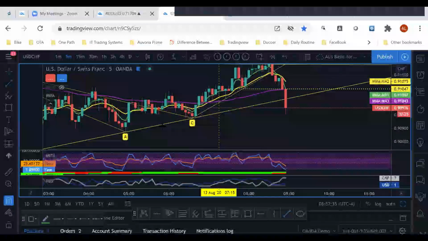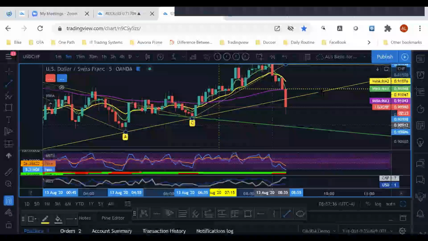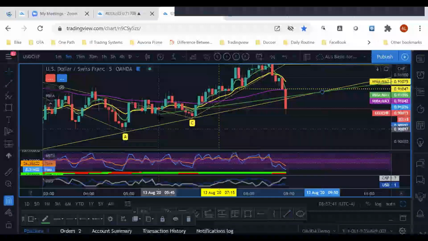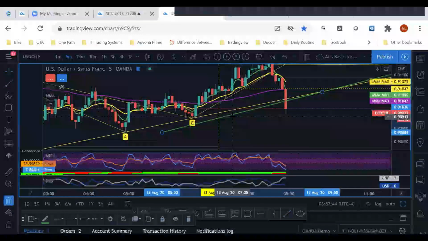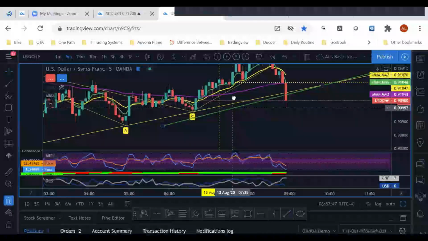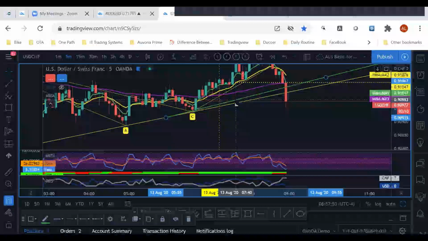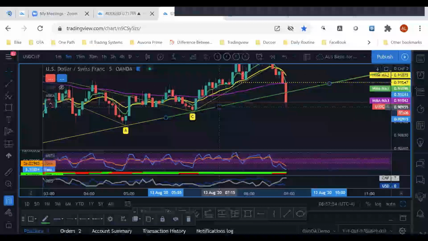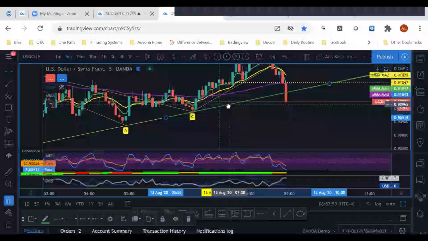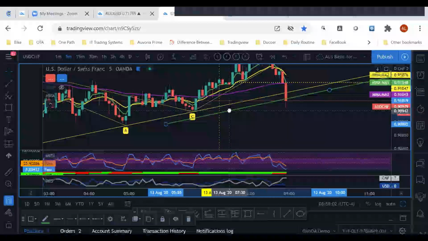Let's draw our line here on the bottom, this trend line. Move it down 2 pips. About there.